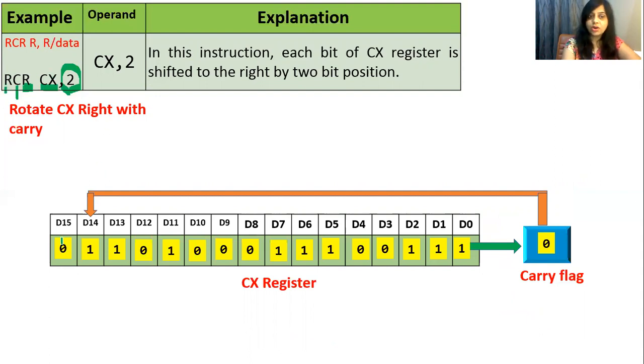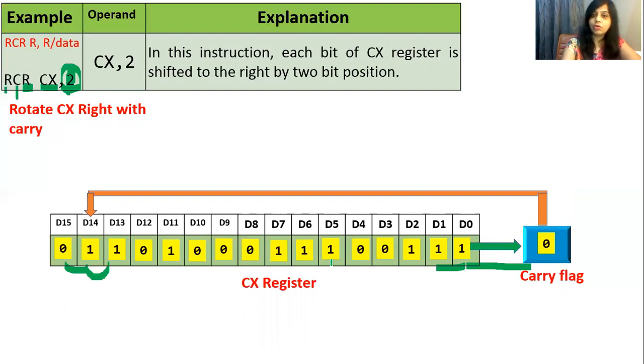Since we are rotating two times towards right by 2-bit position, whatever is there in D0, in one rotation it will enter into carry flag and in second rotation it will enter into D15. Whatever is there in D1, in first rotation it will enter into D0 and in second rotation it will enter into carry flag. And every bit will rotate towards right by 2-bit position.